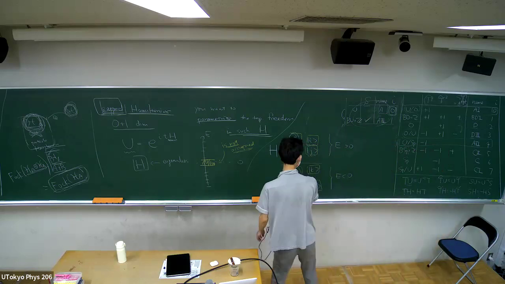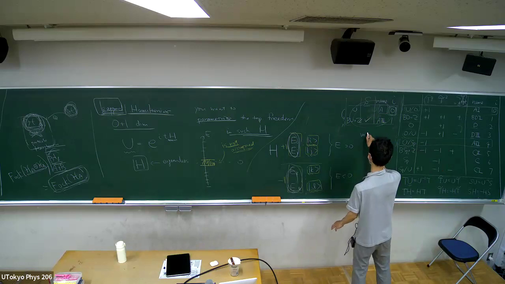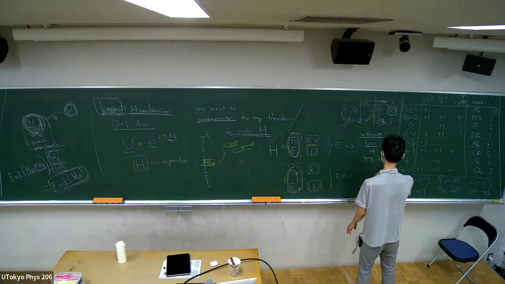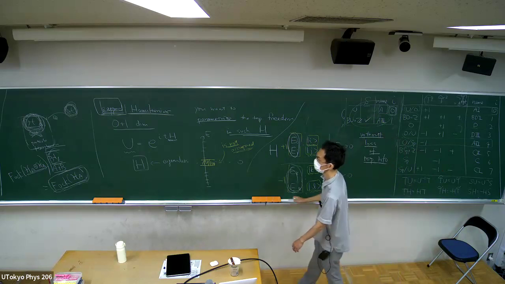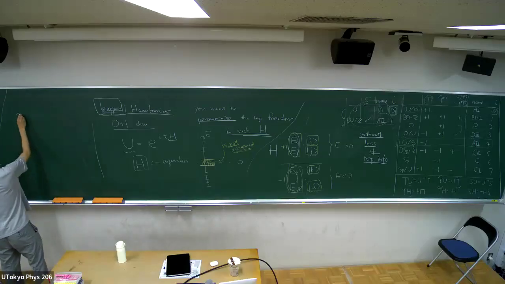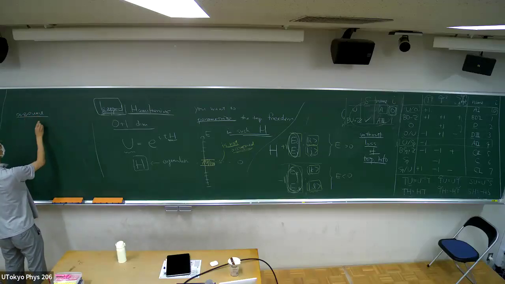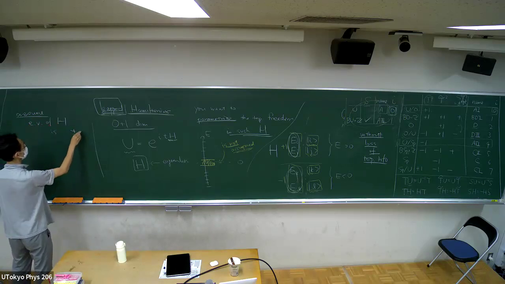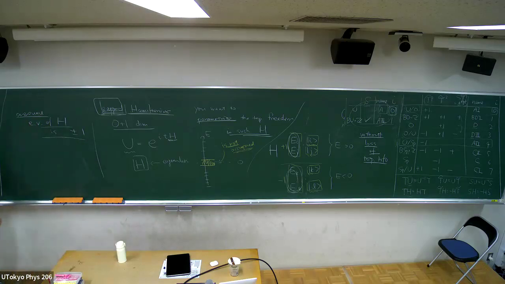So without loss of generality, without loss of topological info, we can assume the eigenvalue of H is ±1. Another way to say this is H squared is 1, equivalently.